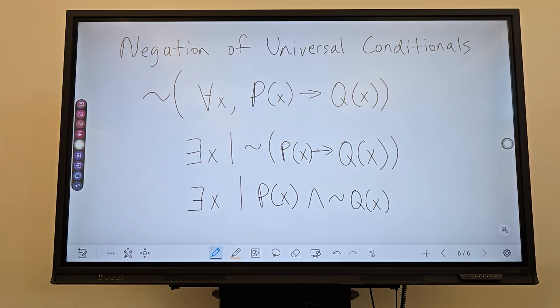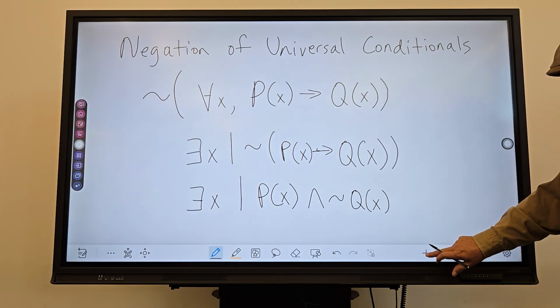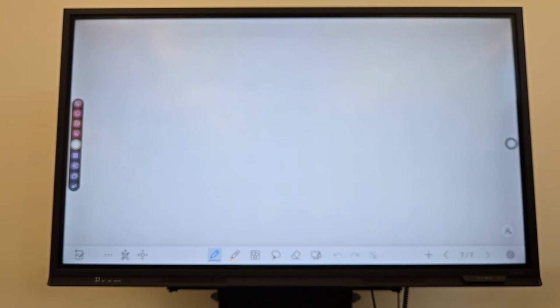The negation of an and is an or, and vice versa. So a universal statement is a generalization of and statements, and existential statements are generalizations of or statements.